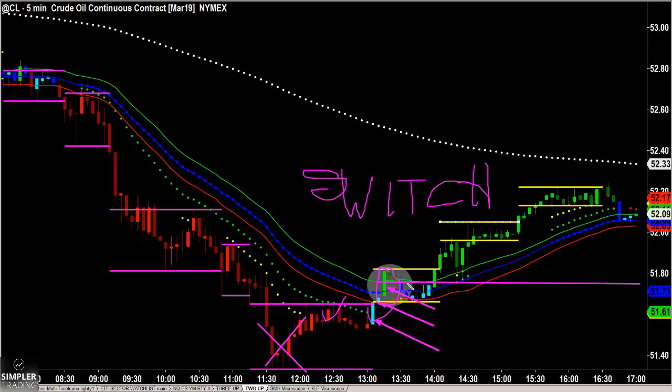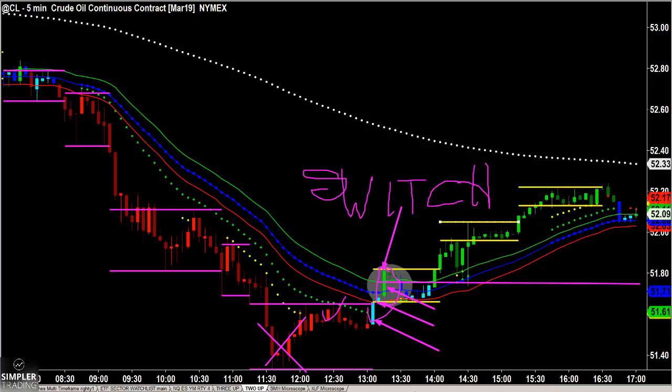So once we emerge through the 34 EMA on the high, the candle goes green. Once the candle goes green and breaks that level, now it's a buy. It's what's known as a wave reversal, and this green candle right here is what we call the switch candle. That candle has now triggered a buy. And then you can see what's happened.